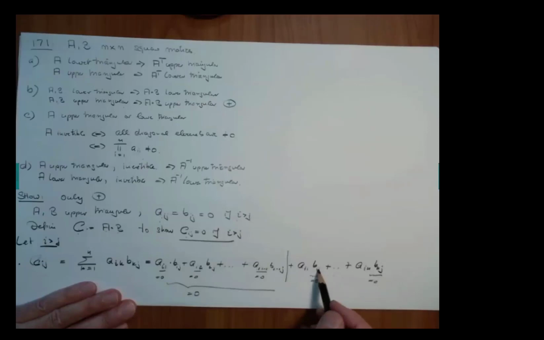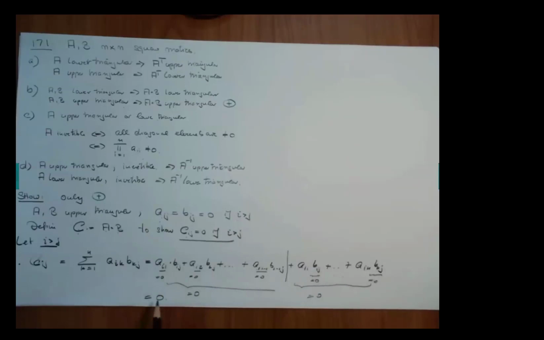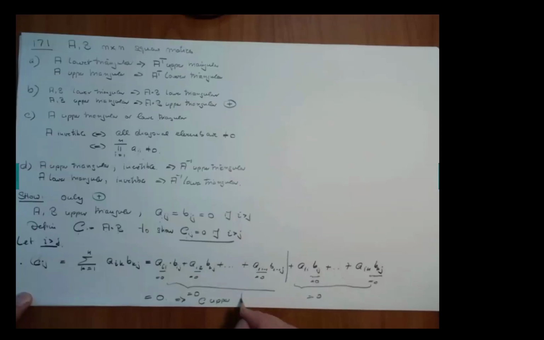Every term here is whatever the a's are, we don't know, but they're multiplied by 0, so this is also 0. So the whole thing is 0. We have shown that if i is larger than j, c_ij is 0, therefore C is upper triangular.